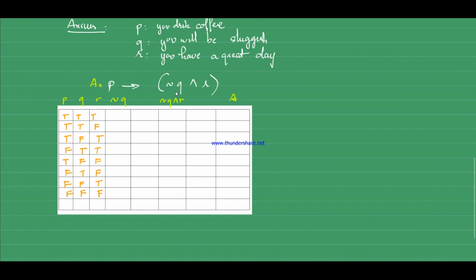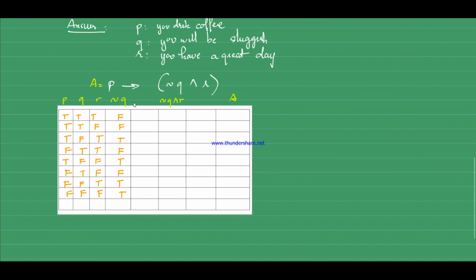Then we negate Q. So this Q here, so we just negate Q. You get F, T, F, T, F, T, F, T.